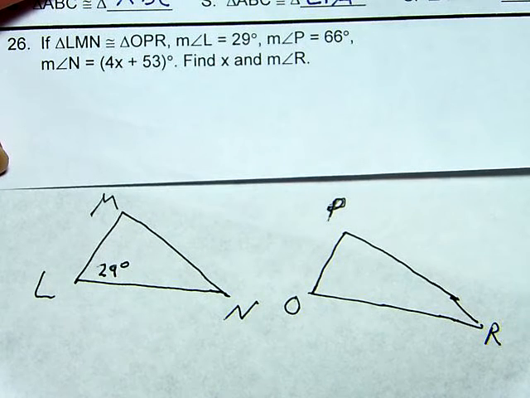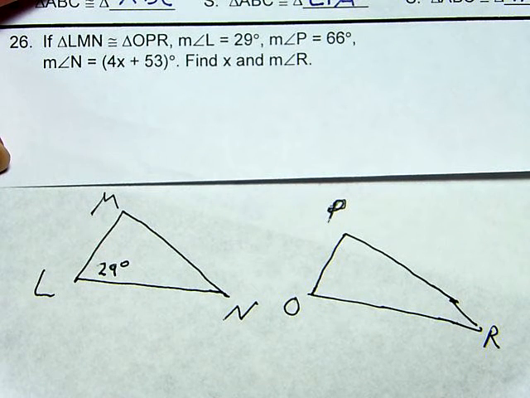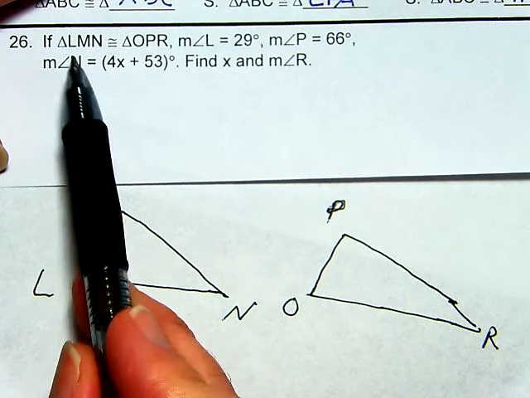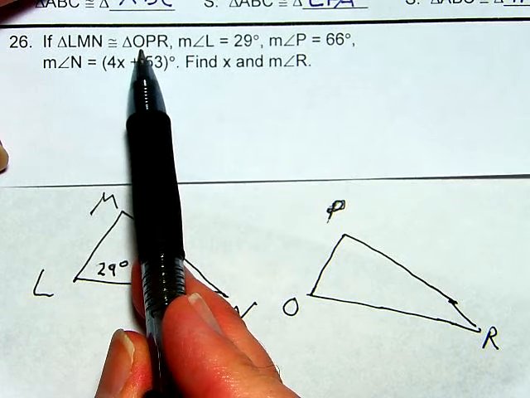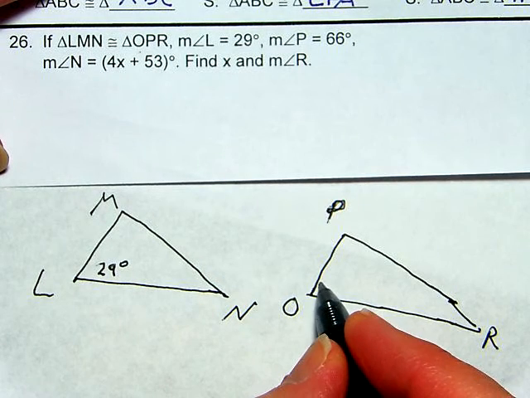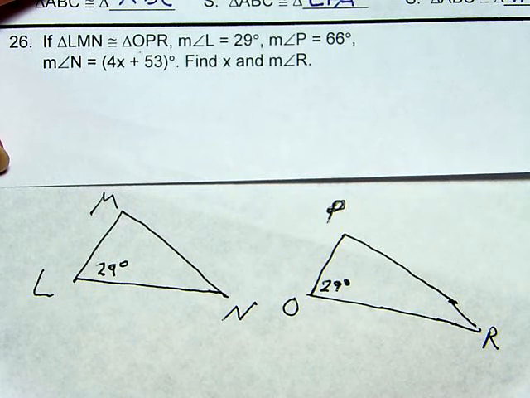Well, if these two triangles are congruent, then all the corresponding angles and sides are also congruent. So if you remember, angle L corresponds to angle O on the basis of this statement. So we can go to O and assume that O must also be 29 degrees.